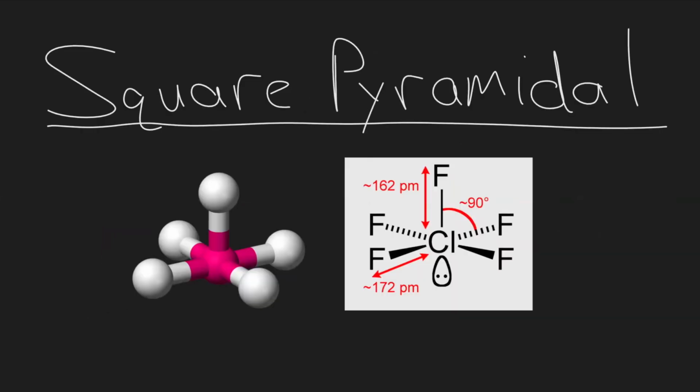Once we move to square pyramidal, we're no longer in trigonal bipyramidal electron geometry. We've crossed over into octahedral electron geometry because there are six electron regions. However, there are only five bonds and one lone pair. That one lone pair is going to push four of the bonds into the same equatorial plane, which is going to look essentially like a square.